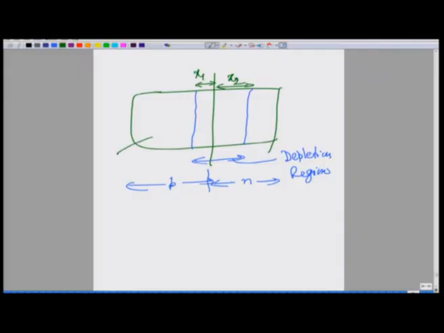How much is the acceptor impurity concentration here, and how much is the donor impurity concentration there, we are controlling. Therefore it is possible to have, let us say, less density of conduction electrons on this side to start with, and more concentration of holes on this side. We can do that.